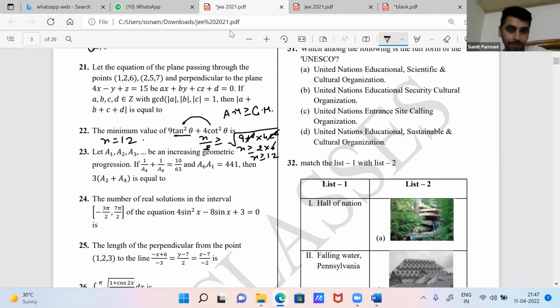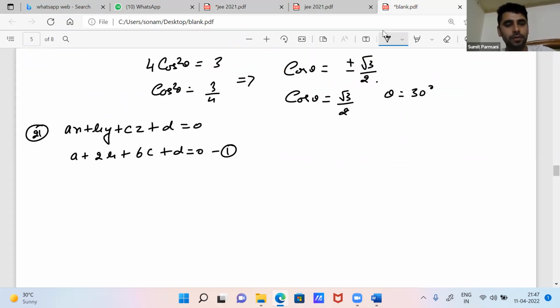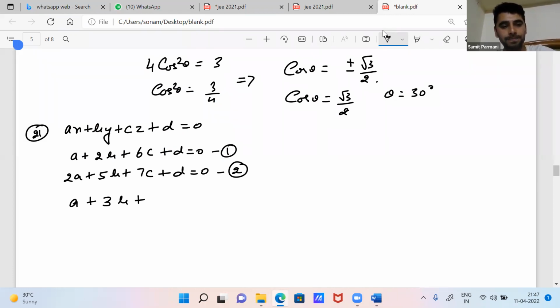Second equation we have the point (2, 5, 7). So 2A plus 5B plus 7C plus D equals 0. This is the second. After solving these two, we can write A plus 3B plus C equals 0. This is the first thing we have.